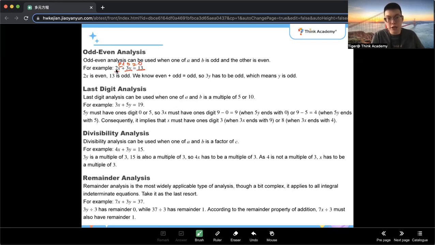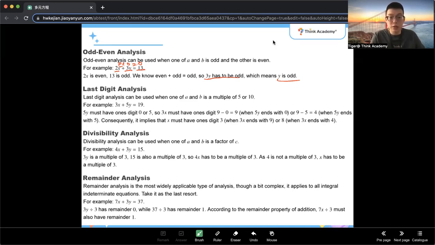So 2 times something has to be even if I want integer solutions, which means that 3 times y is going to be odd, such that 13 is odd. So if 3y has to be odd, it means that y is odd, because an odd number multiplying an odd number will give an odd number, right?